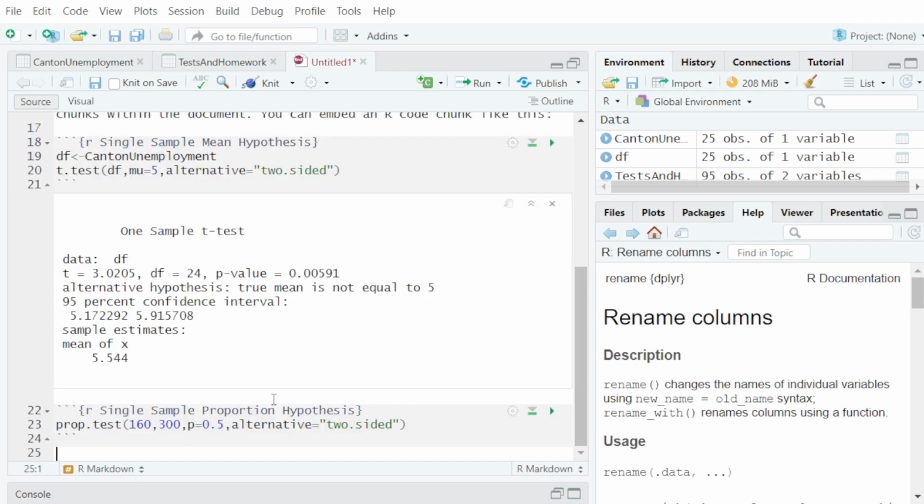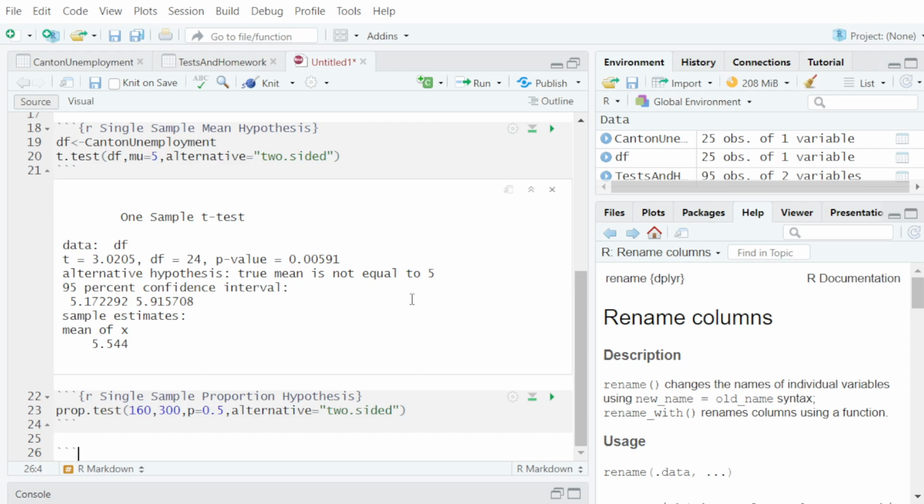Okay. All right. So, next line here. I'm going to go ahead and start another chunk, and we're going to start doing some two sample tests. Right. So, R is going to be a two sample mean hypothesis.